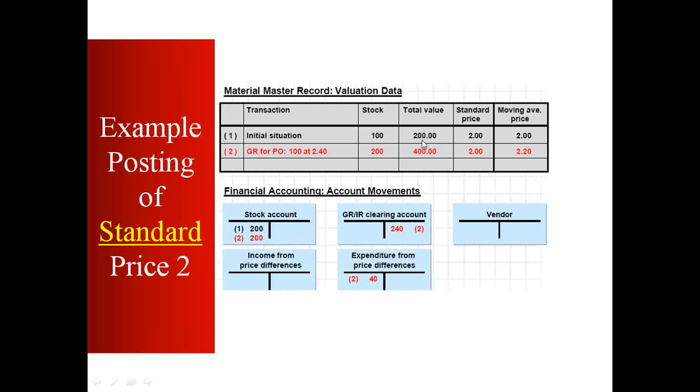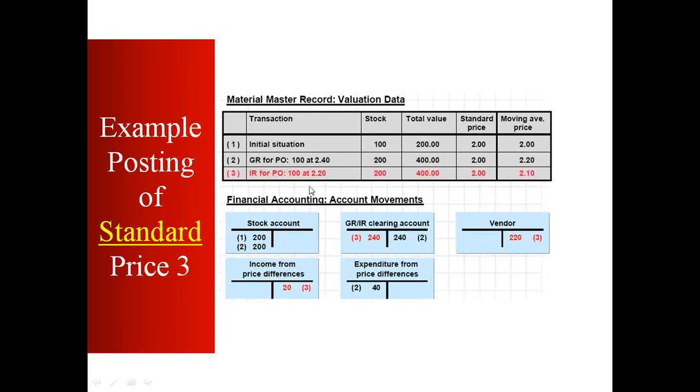Next we can add another scenario, where we receive the invoice. In MIRO, we're doing the invoice received, the third step, where the price was changed. Earlier the price was 240 from the purchase order, but now they say the price was wrong before, and the new price is 220 per 100 pieces.